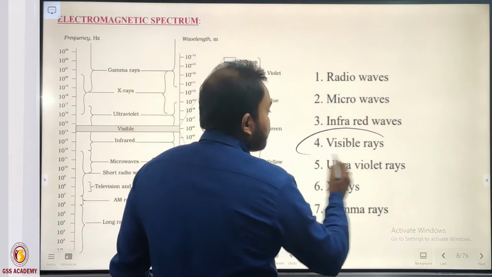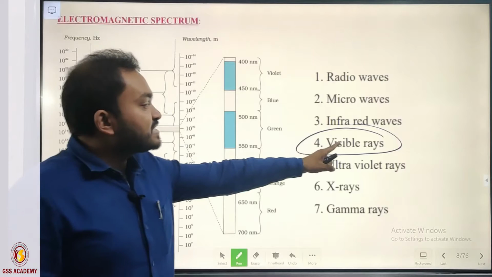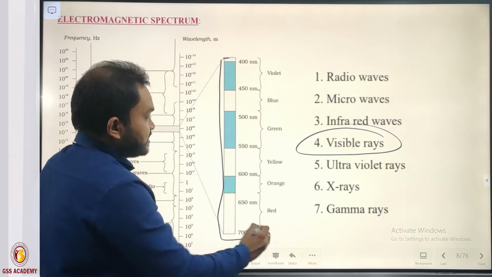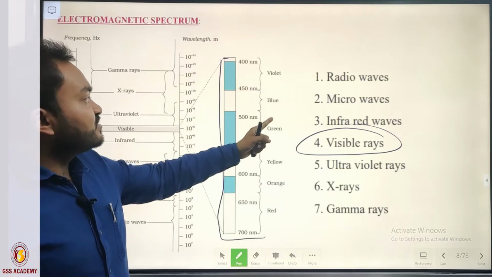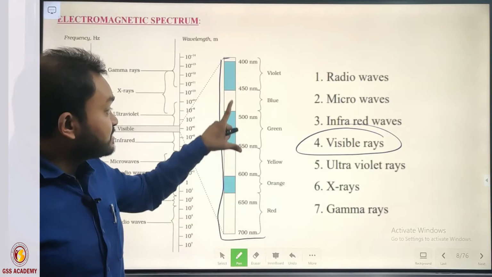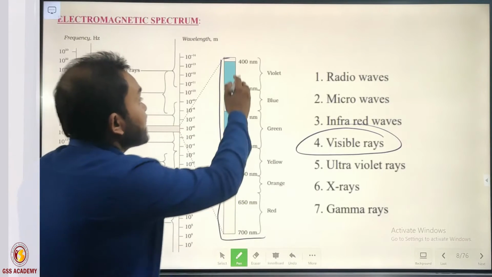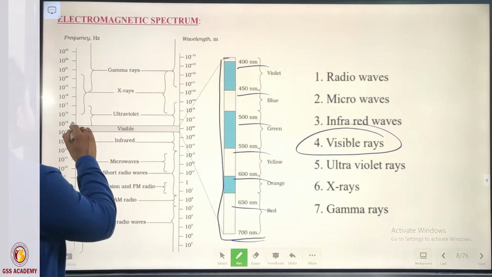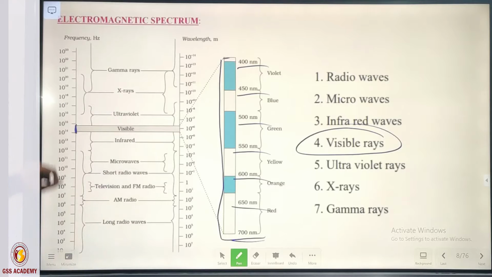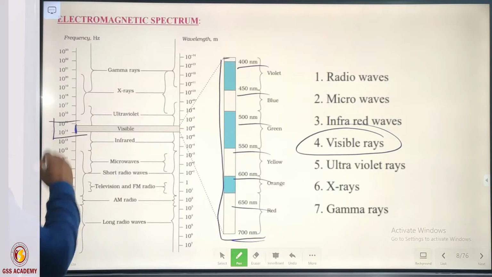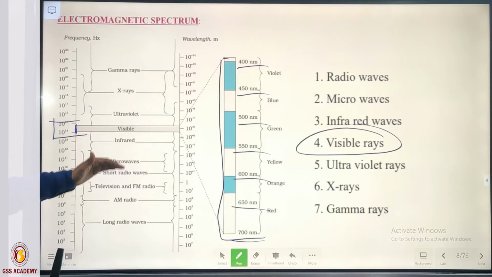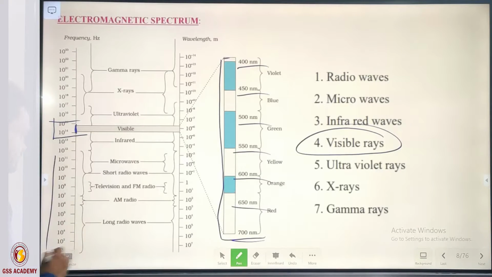In this fourth position, the visible rays, we can see violet, blue, green, yellow, orange, red, and this is the wavelength of that. In this particular frequency range we can see, that is the visible range. The others, gamma rays, X-rays, ultraviolet, infrared, microwaves, short radio waves, television, are all in these frequency ranges.